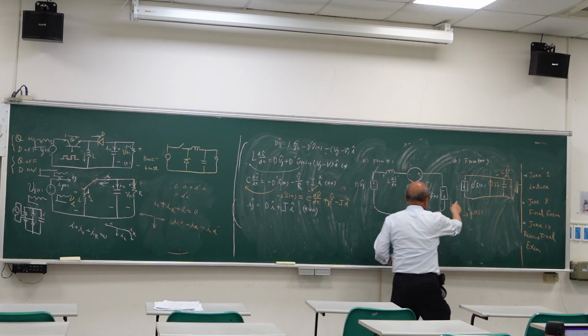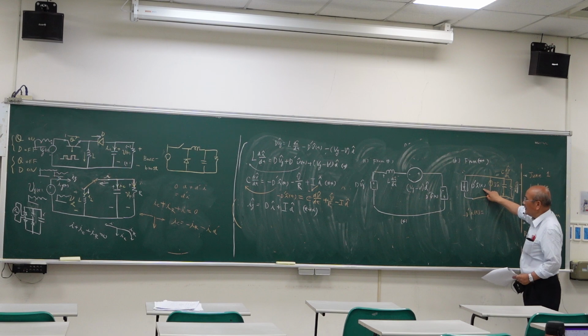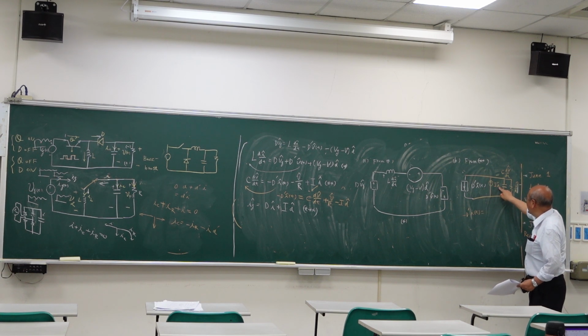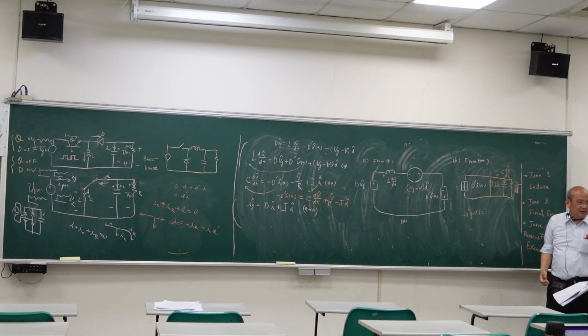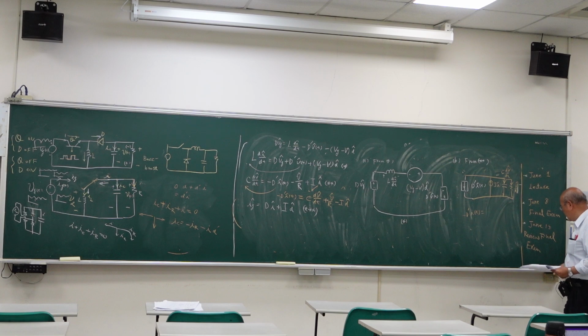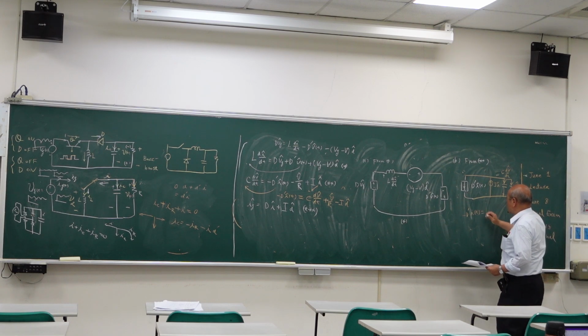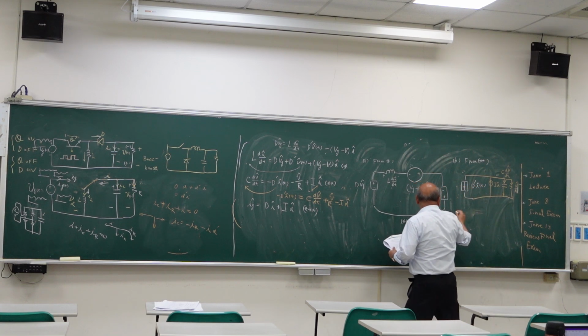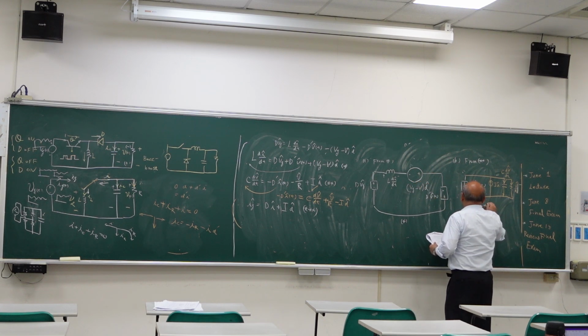So now this is minus d prime I equal to minus I d, because it goes this way, plus C dv dt plus VR, right? So we can draw this equation. So this is the second step.